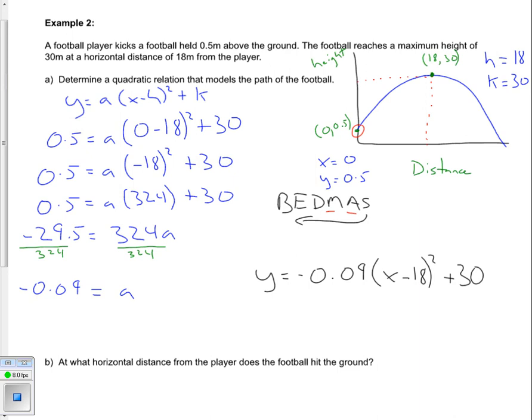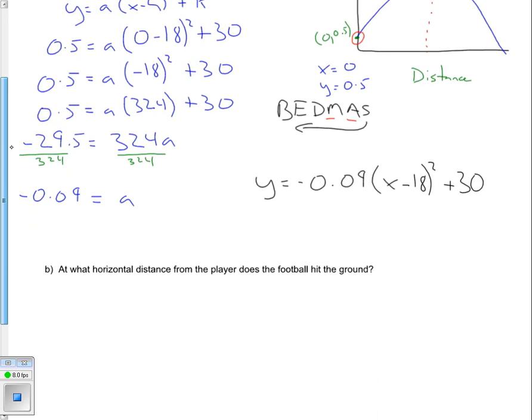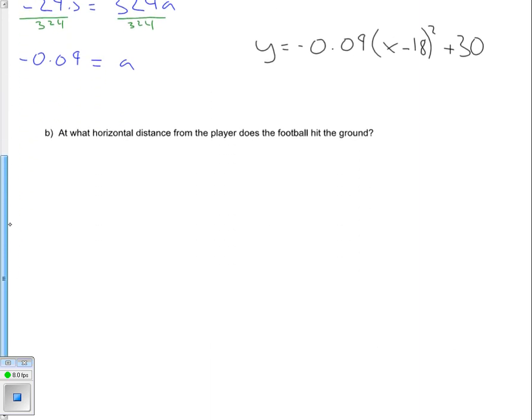Okay, so using the algebra can be very, very useful to us. As we continue down to complete the second part, it says what's the horizontal distance from the player that the football hits the ground? So in this instance, we have an equation now. y is equal to negative 0.09 times (x minus 18) squared plus 30.